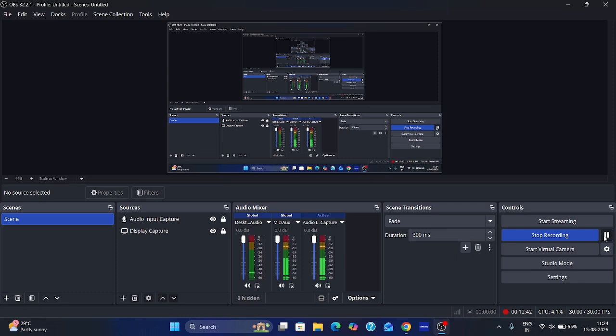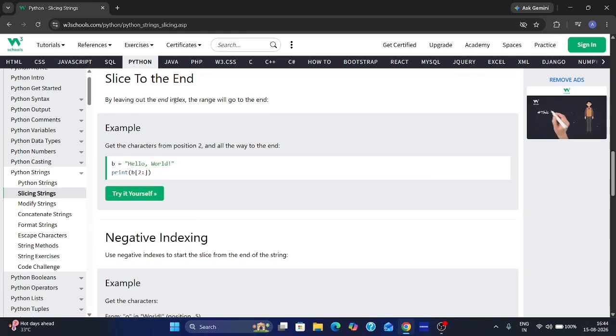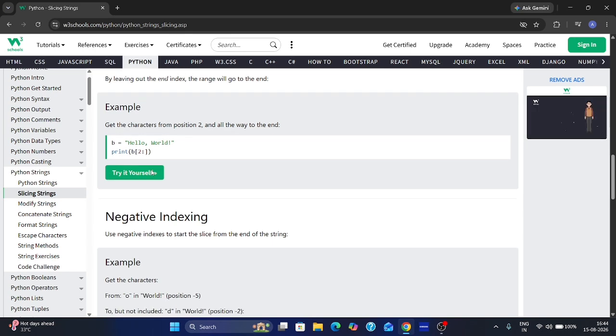Sorry, wait a minute. So what is slice to the end? By leaving out the end index, the range will go to the end. This is the example for this.